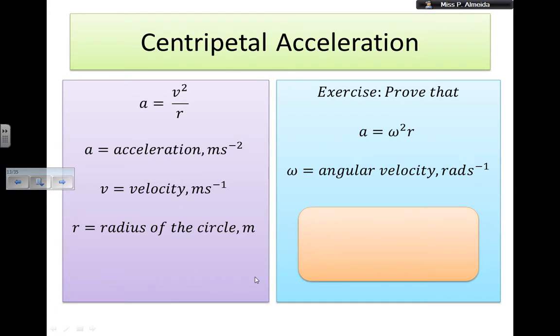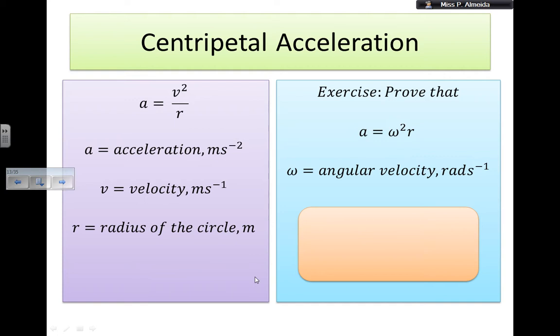So, centripetal acceleration has a formula. a, the acceleration in meters per second squared, is equal to v squared, where v is the velocity in meters per second, divided by r, the radius of the circle or the curvature you're doing, even if it's not a full curvature, in meters. So that's the centripetal acceleration.